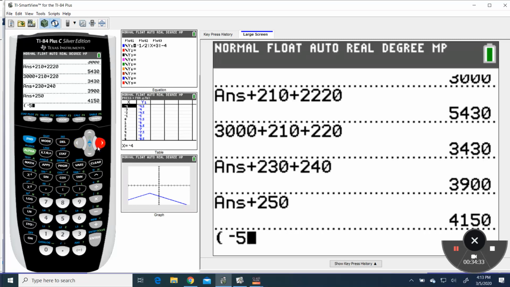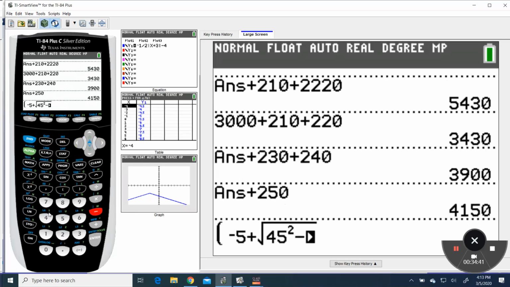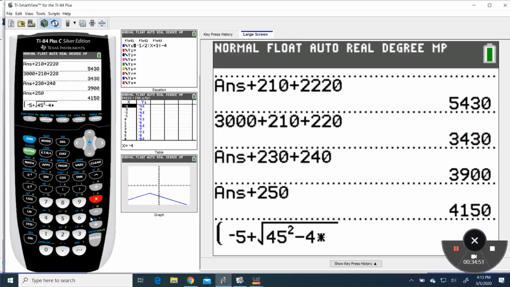So negative 5 plus the square root of 45 squared minus 4 times 5 times negative 3960.